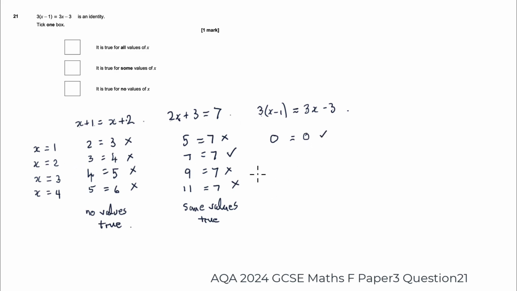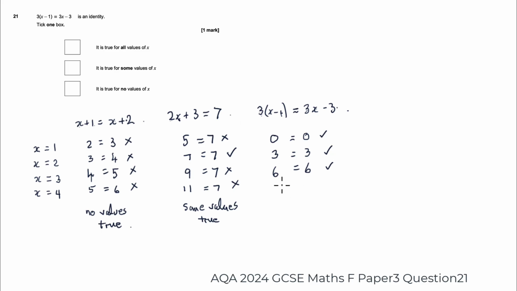Let's try x equals 2. 3 lots of 2 minus 1, that's 3 lots of 1. 3 lots of 2 is 6, minus 3 is 3. True again. Let's try x equals 3. 3 lots of 3 minus 1, that's 3 lots of 2, that's 6. 3 lots of 3 is 9, minus 3 is 6.